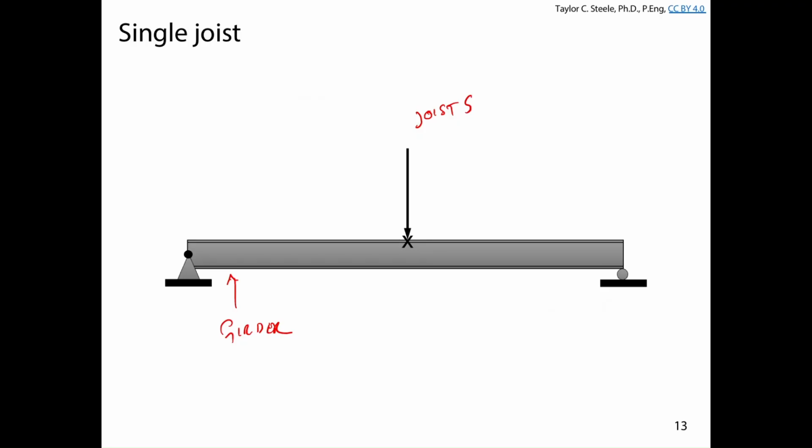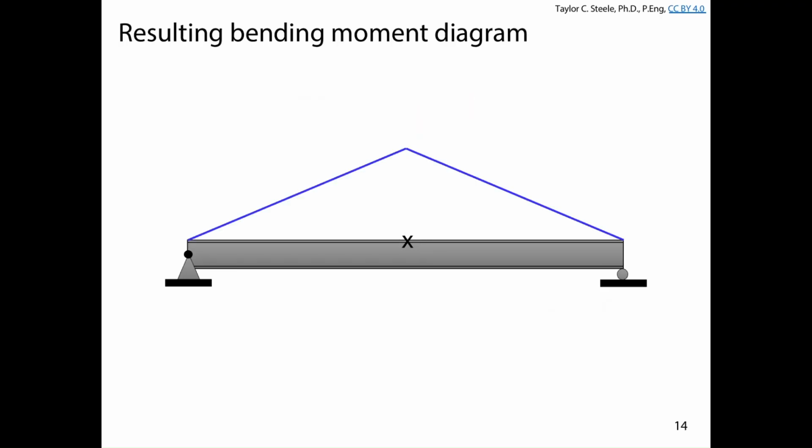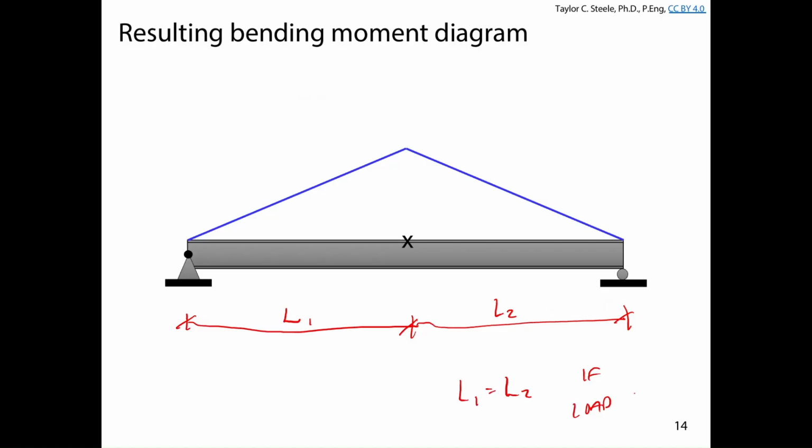Well, what does that do for us? There's a couple things. One, it reduces the unbraced segment length, right? So in this case, we're looking at L1 and L2, and as long as the point load is in the middle, L1 is equal to L2.